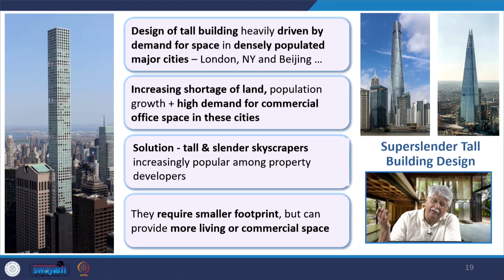But now land is even more scarce than it was at that time, and as a result of this increasing shortage of land, there is a demand for commercial space and more slender buildings. These tall and slender skyscrapers are becoming increasingly popular also because today we have the technology available to be able to erect them. They require a very small footprint and are able to provide living and commercial space.